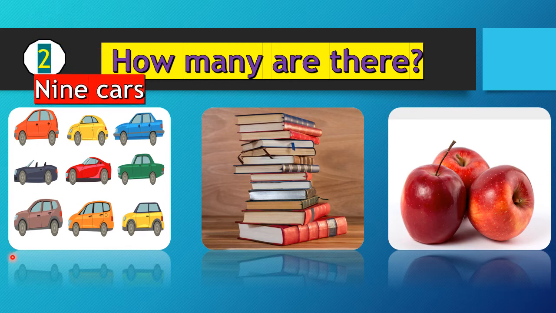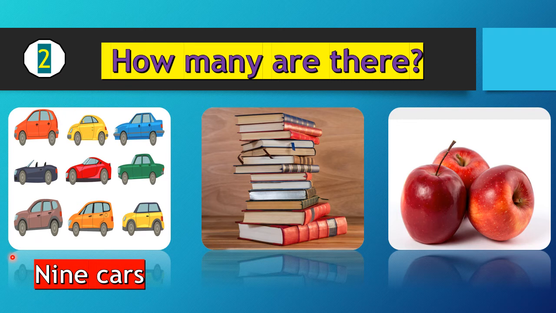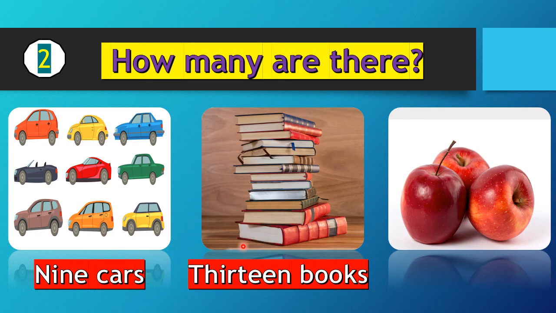Picture number 1. 9 cars. Excellent. Yes, it's 9 cars. We have 9 cars, or there are 9 cars. Let's count. 1, 2, 3, 4, 5, 6, 7, 8, 9. Let's move to picture number 2. What is the answer? 13 books. Yes, there are 13 books.